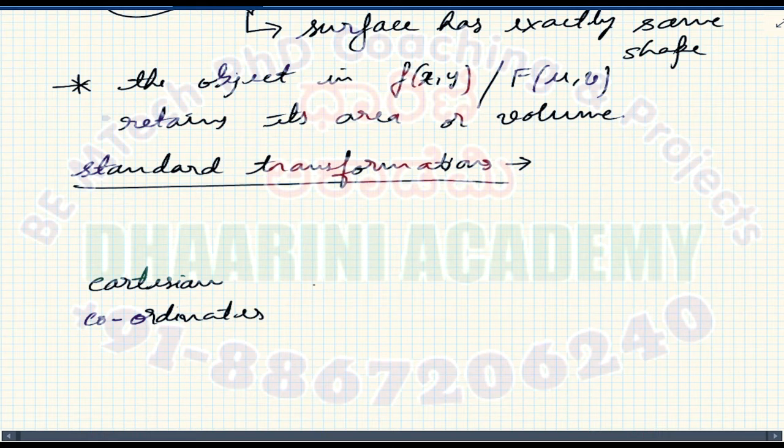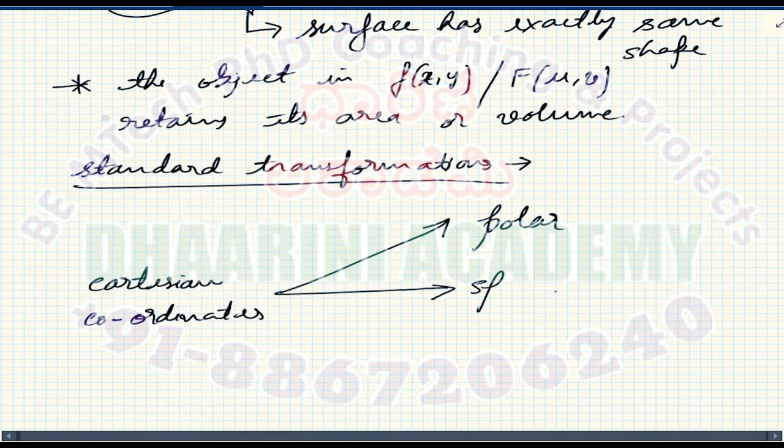This will be converted into three different coordinate systems in general. The first one is called the polar, the second one is called the spherical, and the third one is called the cylindrical.